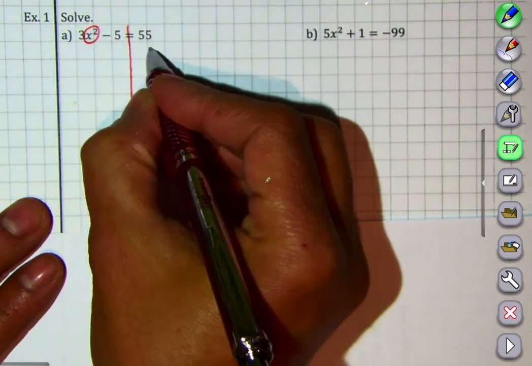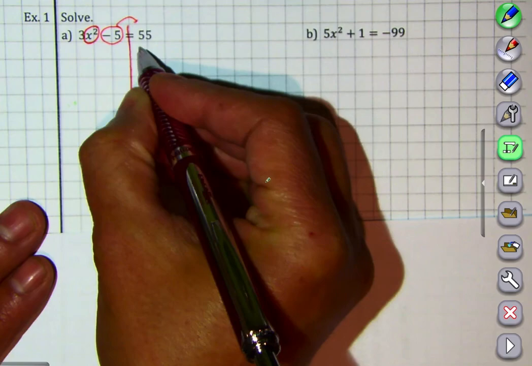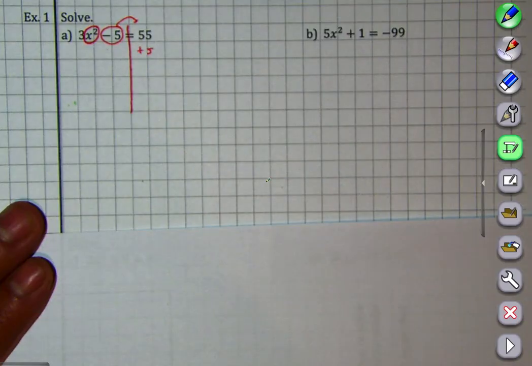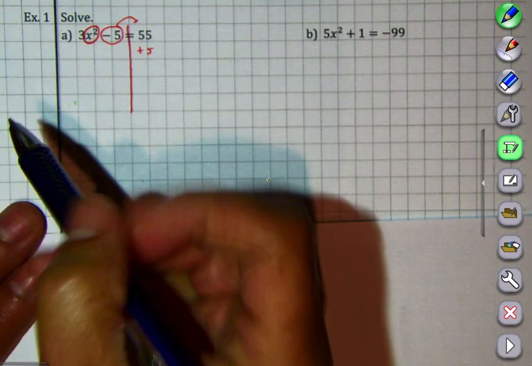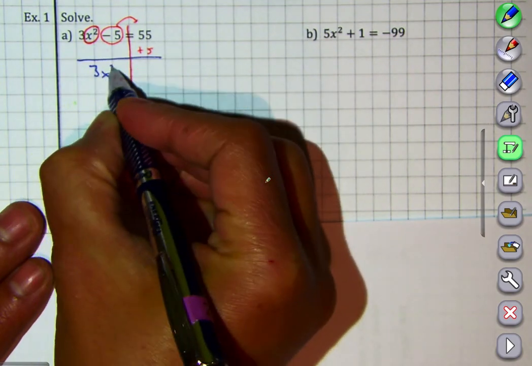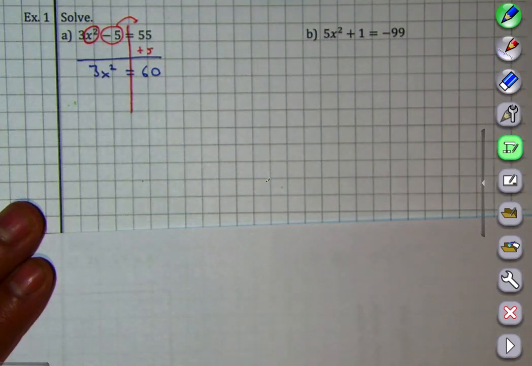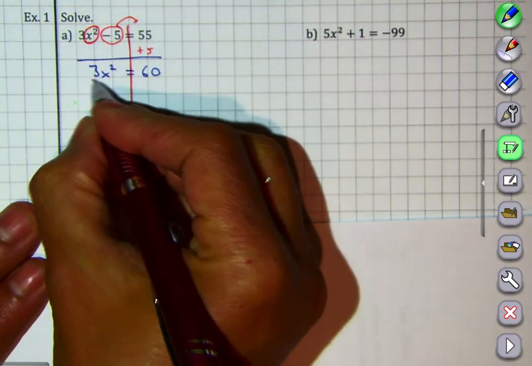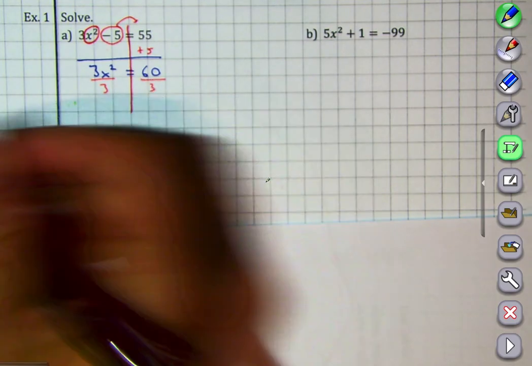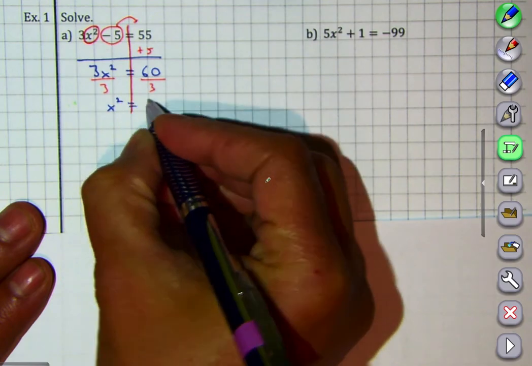You can add 5 on both sides, or we can just move the 5 to the right. We can say positive 5. Therefore, that gives me 3x squared equals 60. Now we can divide by 3. Divide by 3. So x squared equals 20.